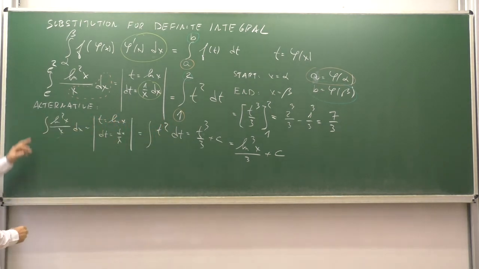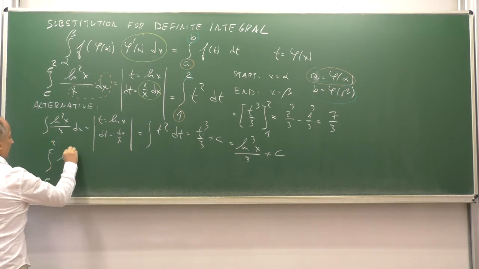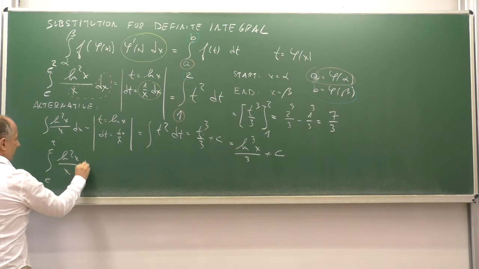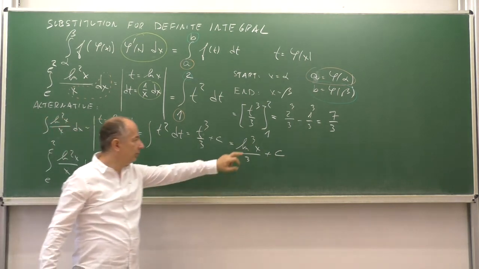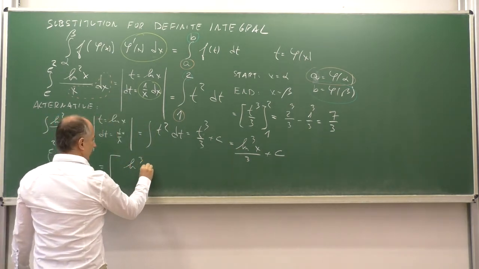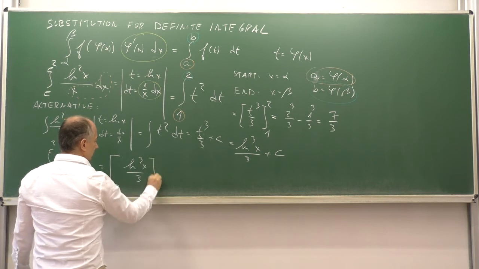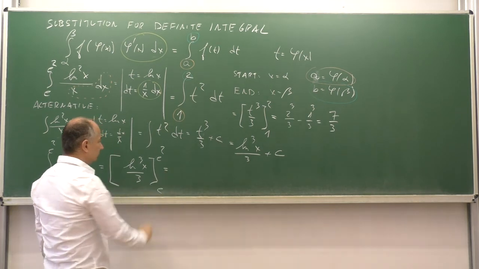And now we can write the definite integral from e to e squared of logarithm square of x divided by x dx is square bracket, and we write the antiderivative logarithm cube of x third from e to e squared.